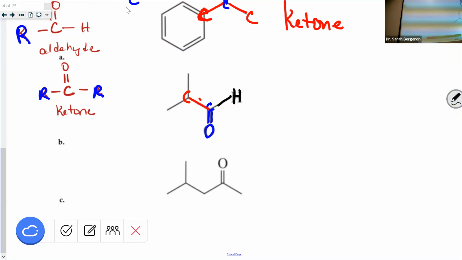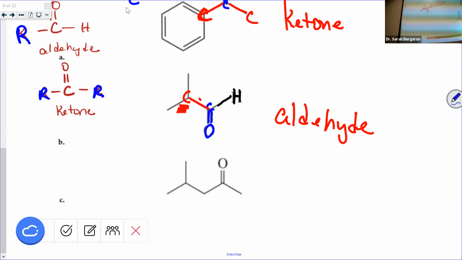Why would they do that? Just to mess with you. If it's a hydrogen, you don't count it. It's not an alkyl group, right? So you really only have one thing attached. So what do we call this one? Aldehyde, because it is all alone.